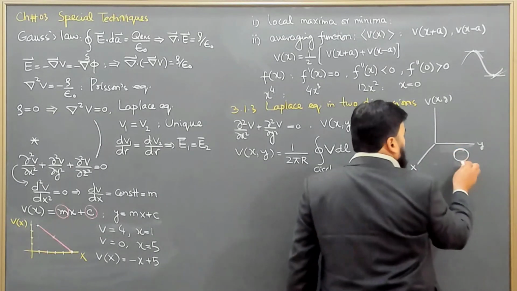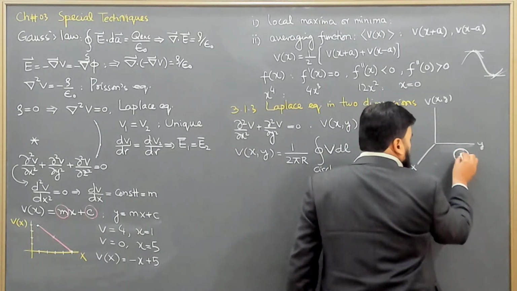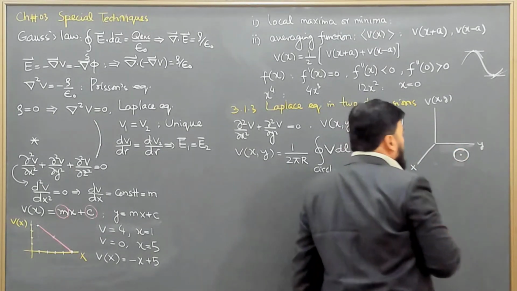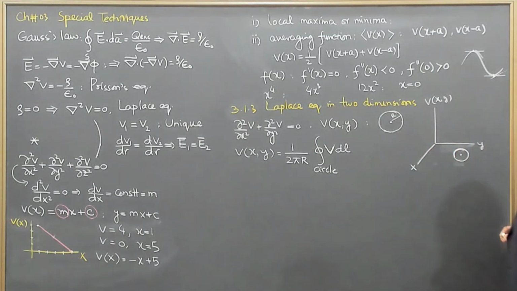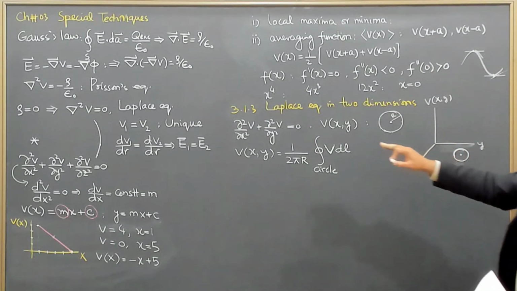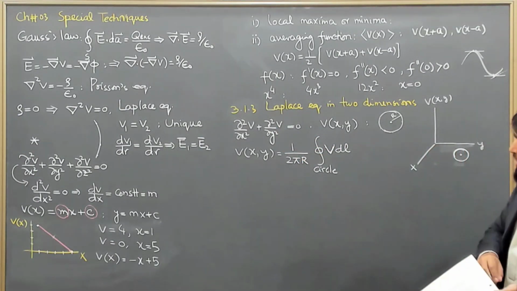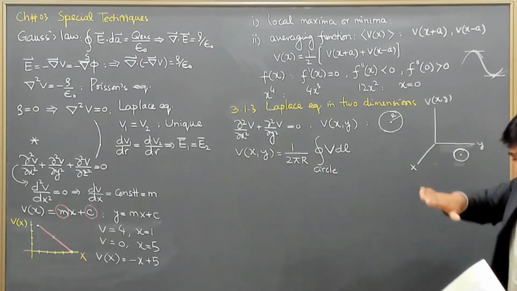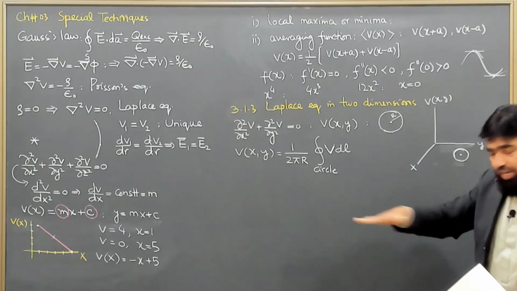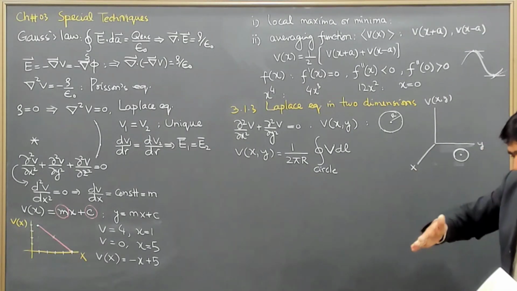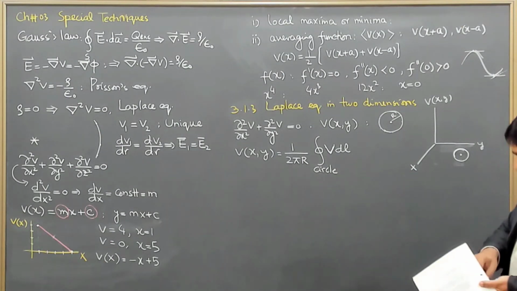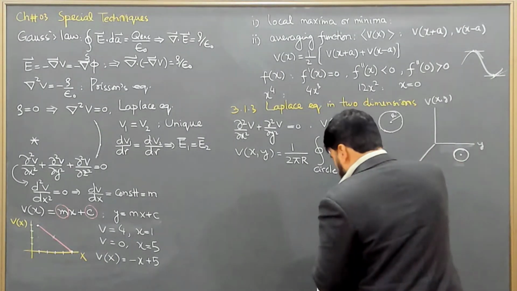The plane is a flat surface, so the circle and its average value are here. But what about the solution of this differential equation? The solution will be sheet-like, but it will not be a flat sheet. Consider it wavy like this one here.